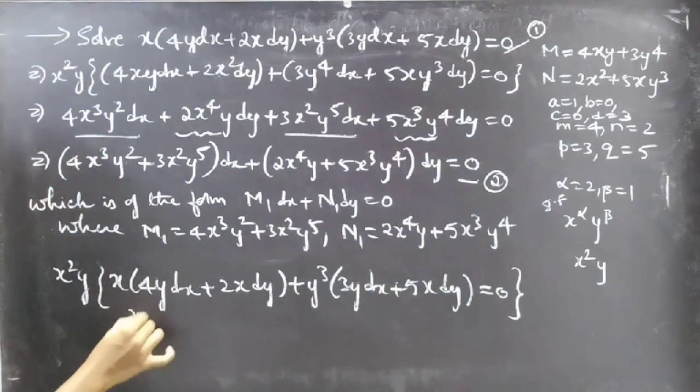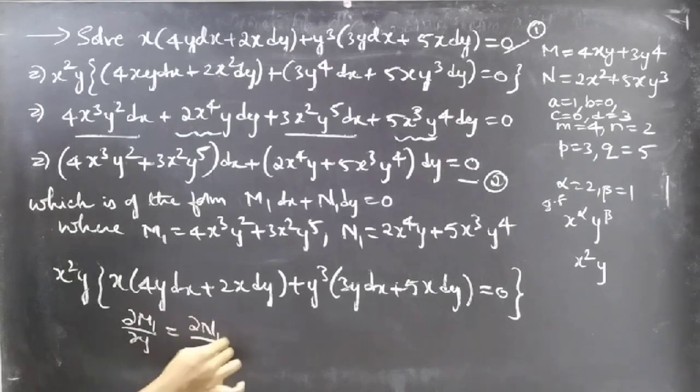If the partial derivative of m1 with respect to y equal to partial derivative of n1 with respect to x, then we can say that the reduced equation, equation 2, is exact.